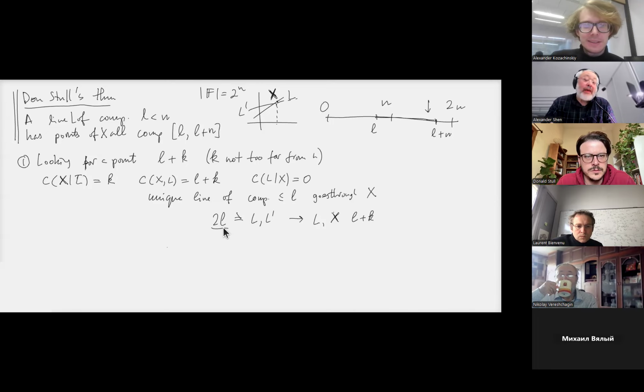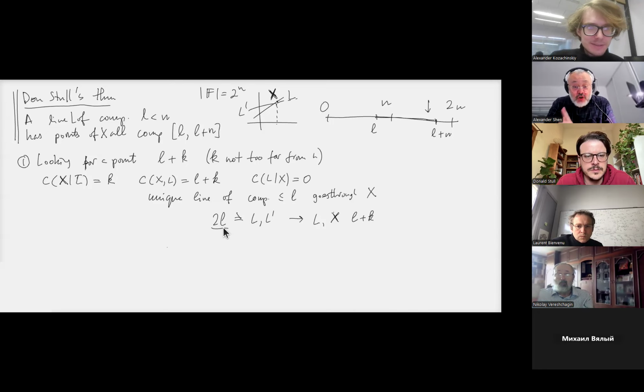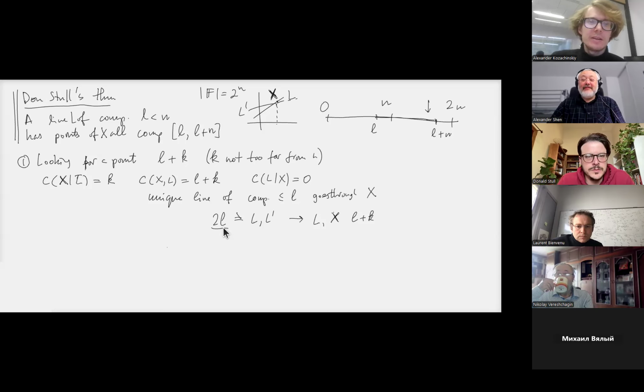It's important that the complexity is conditional, but generally we cannot reconstruct x knowing only L prime. We need to know L also. So knowing L, I can specify x by giving L prime, which requires just L bits.